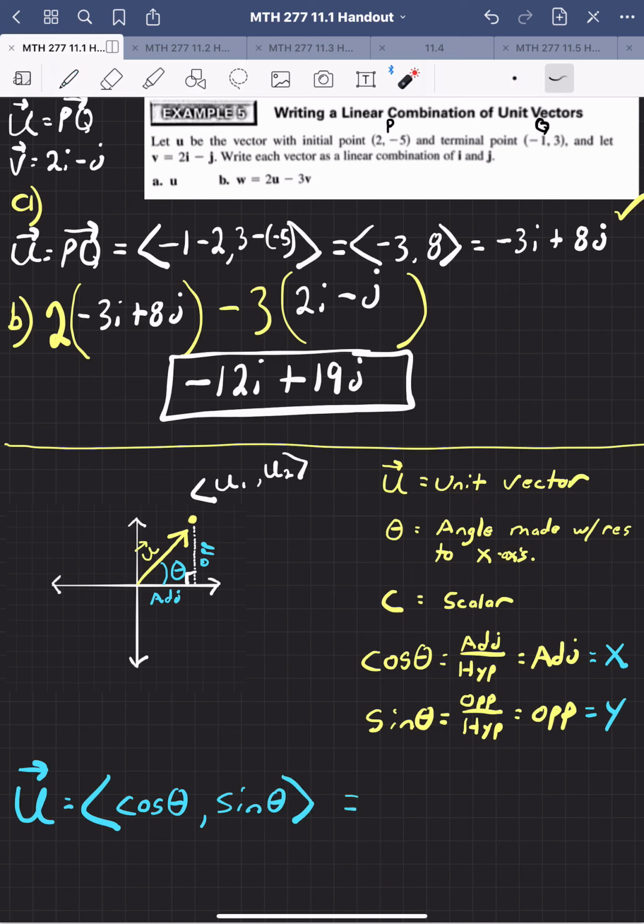Almost done. So this is the component form of u, if you know the angle, theta. Let's also, which is more important to us, put this in the ij notation. So cosine theta i plus sine theta j.